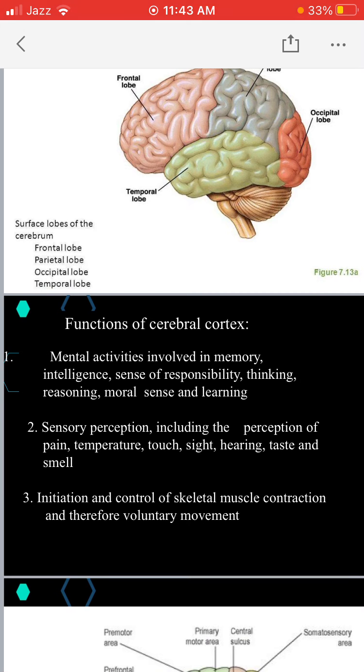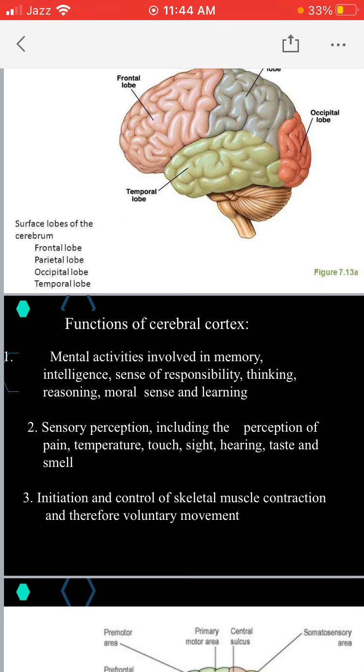Now coming towards the functions of the cerebral cortex. Cerebral cortex is responsible for intelligence, for memory, thinking, reasoning, and learning. Sensory perception, which includes the perception, means feeling, right?